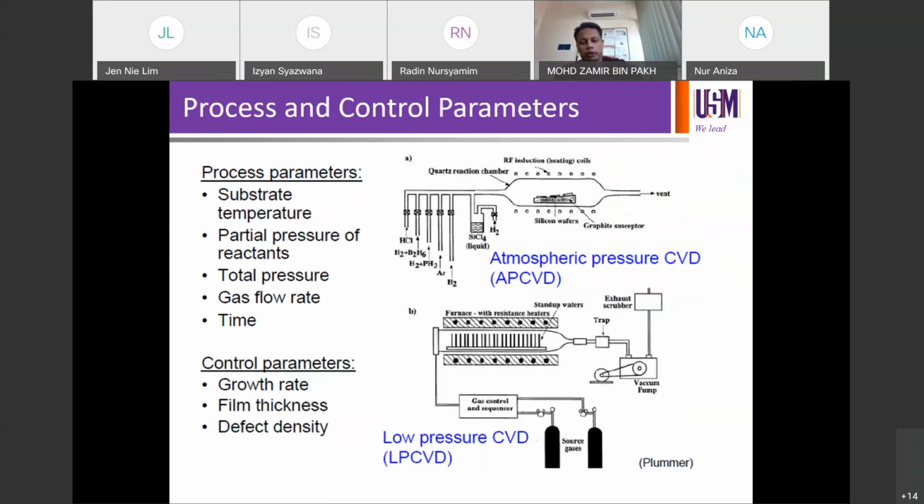All in all, we normally monitor three outputs of the process: the growth rate, the film thickness, and film quality, which includes defect density as well. To be more specific, you need to look into which system you use for your deposition, either AP, LP, PE, PA, HW or MO and so on. That will give you different specific parameters for your control.